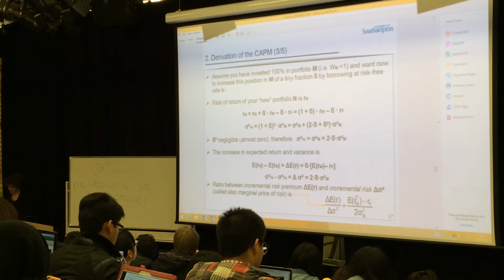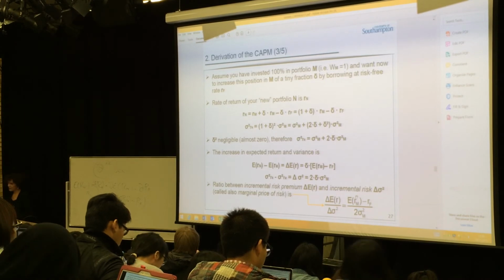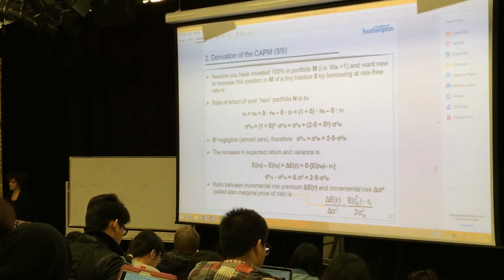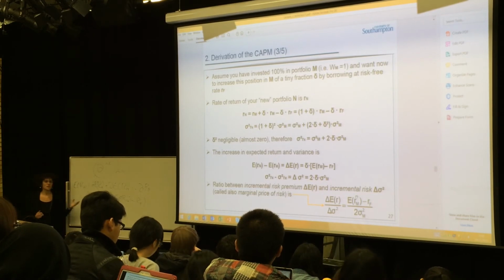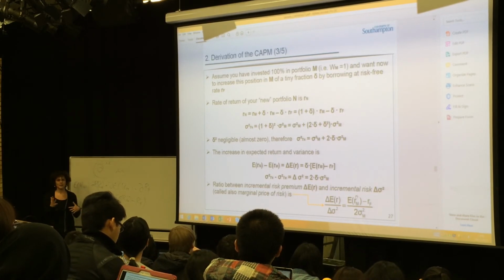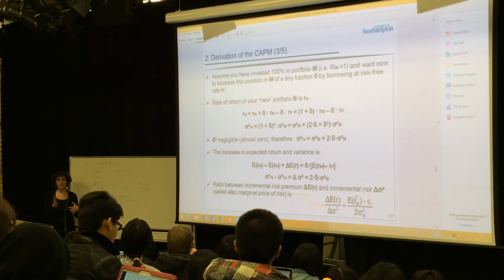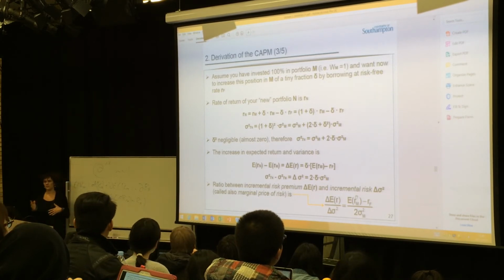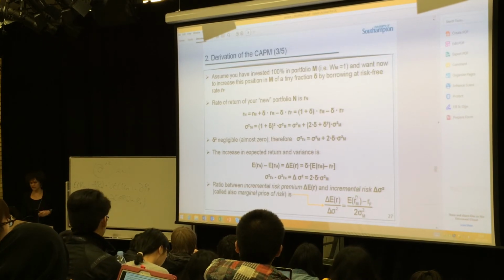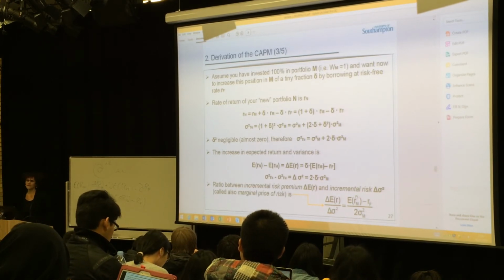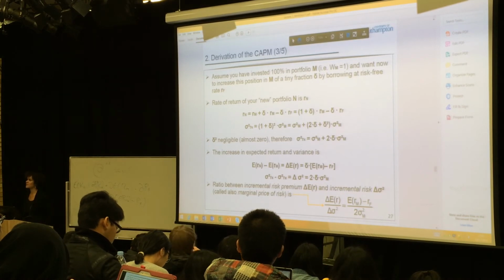The Sharpe ratio, exactly. And do you remember what the Sharpe ratio is in our capital allocation line? It is the slope of the line. So keep in mind this, because now I show you the implication graphically of this slope.